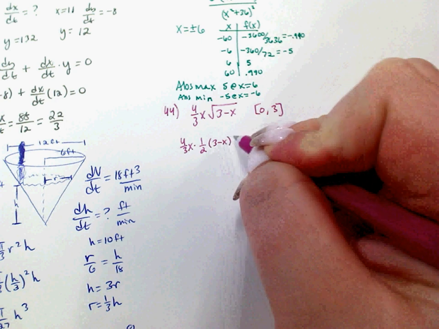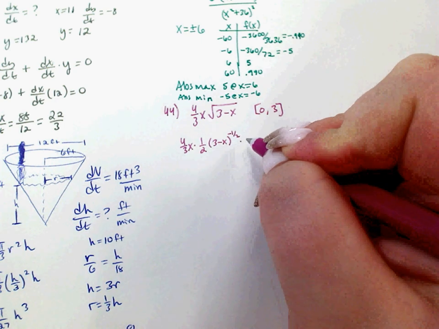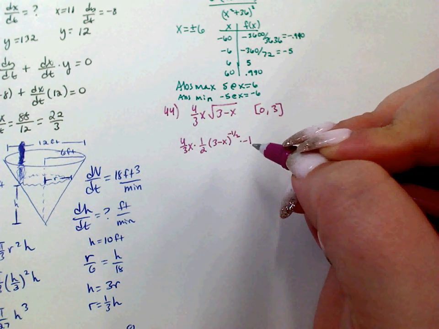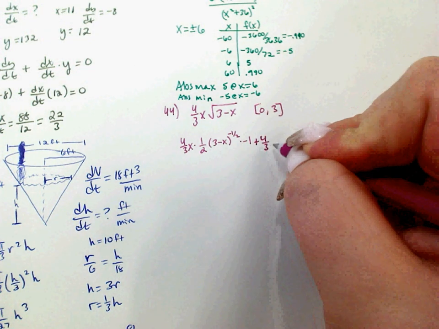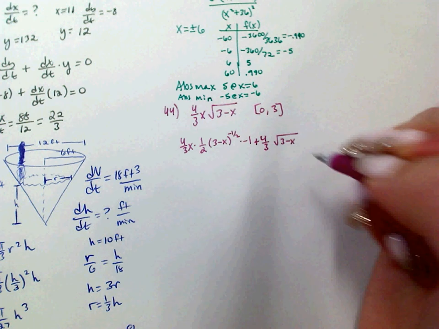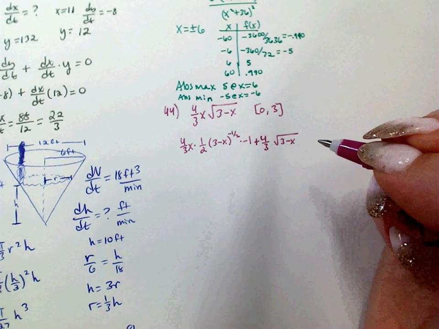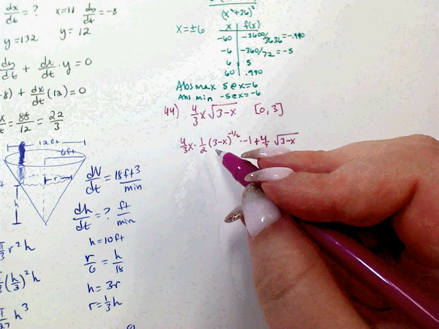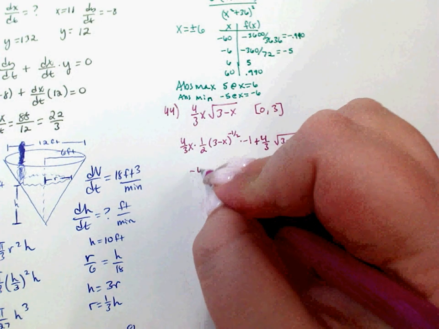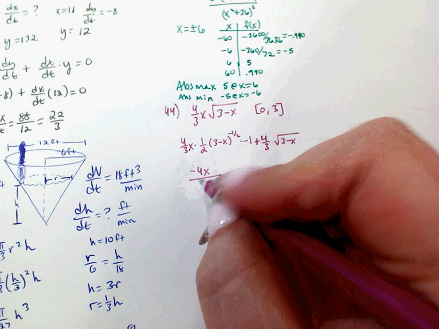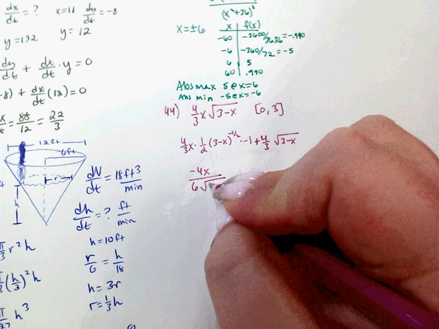Plus the derivative of the first, which is 4/3, times the second, so square root of 3 minus x. Alright. The 4 and the x and the -1 go on top, so -4x over 3 and 2, so 6, and then the square root, plus 4 over 3.